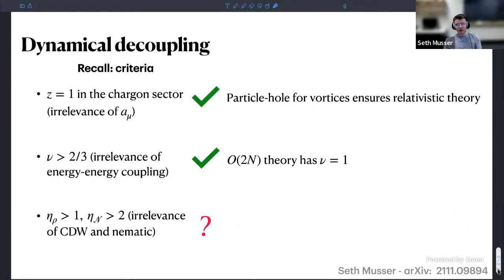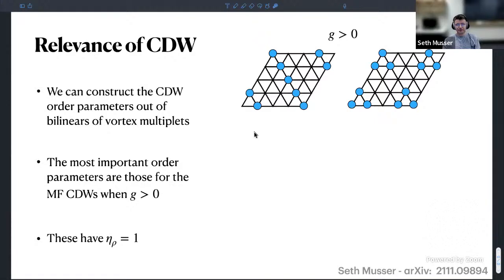As for the anomalous dimension of the CDW and the nematic order parameters, we need to work that out. So again, I'm not showing the details here, but you can construct CDW order parameters out of bilinears of vortex multiplets.